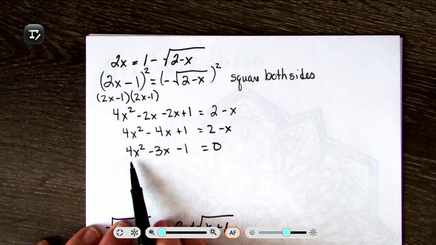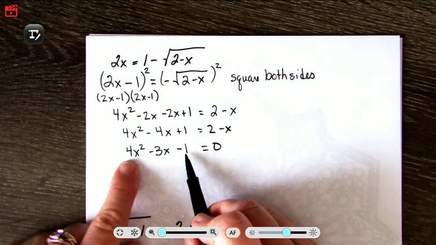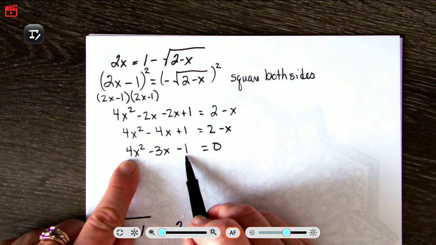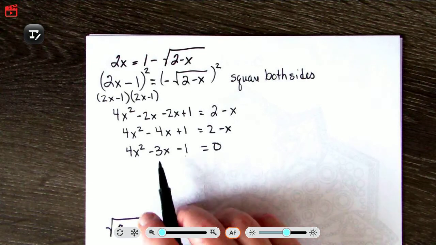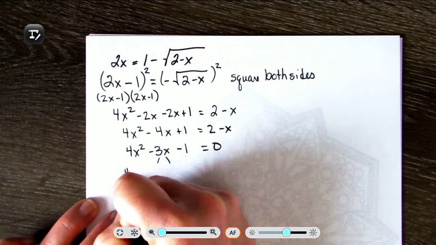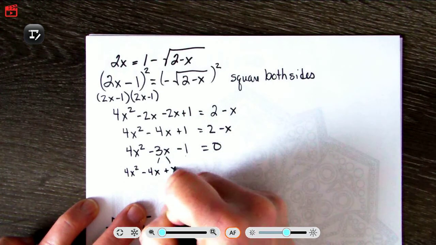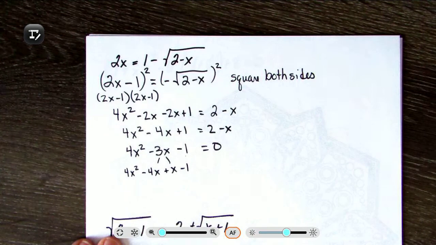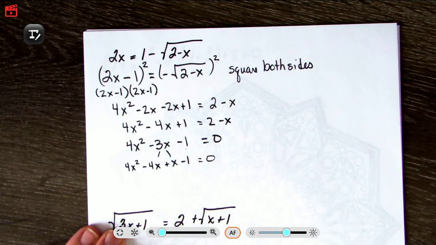My leading coefficient is not 1, so I'm going to come up with 2 numbers that multiply together to give me a negative 4, that add together to give me a negative 3, and that is negative 4 and 1. So I'm going to rewrite that negative 3x as a negative 4x plus x.